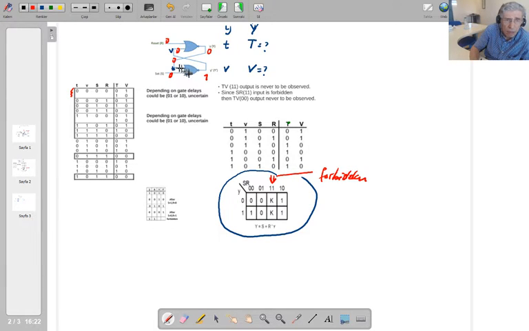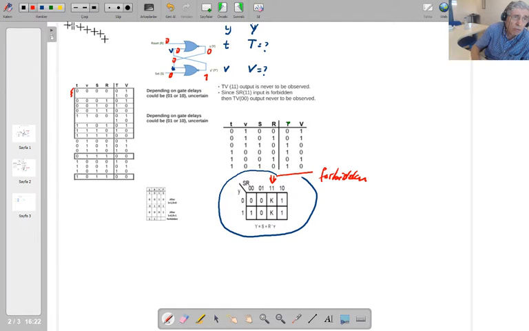But if the delay of this is longer than this one, so this also has 0, 0 input. If this NOR gate delay is less, then you're going to observe that 1 here earlier than this one.